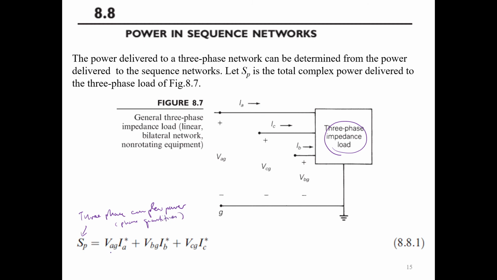So we can see that this is the VAG times I conjugate, so all these are in complex form, the sum of all the phases. Remember, this is unbalanced, so we cannot multiply this just by 3, because the different phases have different voltage and different angle. So you have to find the sum of the complex power being consumed by each phase.